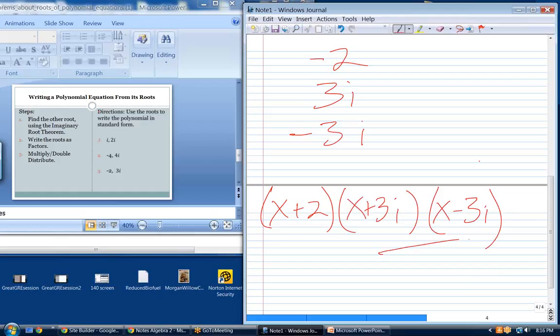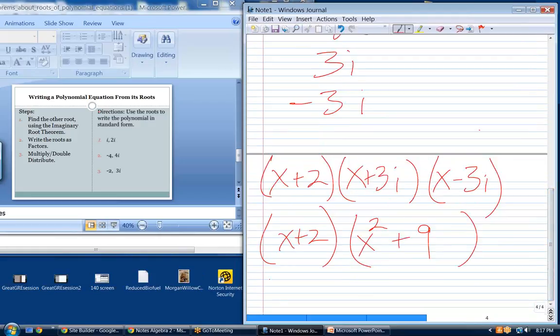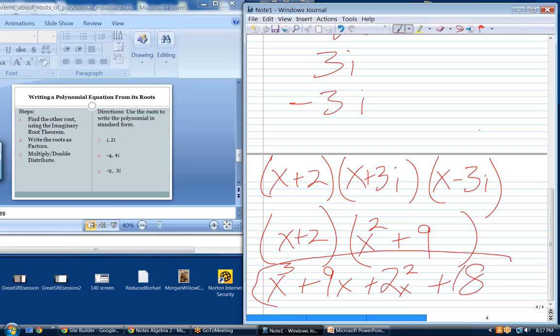Multiply those two first, and you have x squared minus, not plus, 9. Good. Then x to the third plus 9x plus 2x squared plus 18. There's your polynomial. It satisfies those conditions.